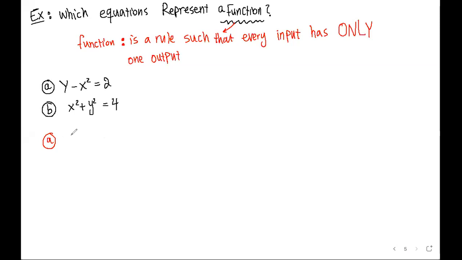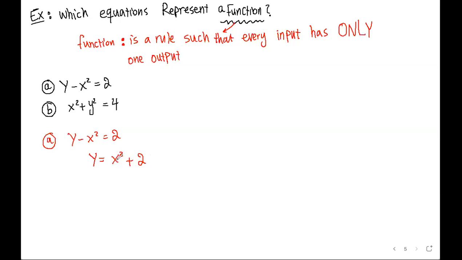So the first one is y minus x squared equals 2. First of all, I have to solve this in terms of y, which means I have to make the equation y equal something. So I add x squared to both sides. I get y equals x squared plus 2. Now I look at this equation. Every input has one output, y.